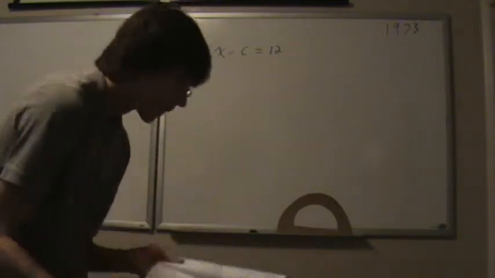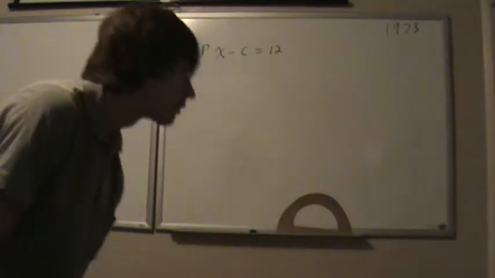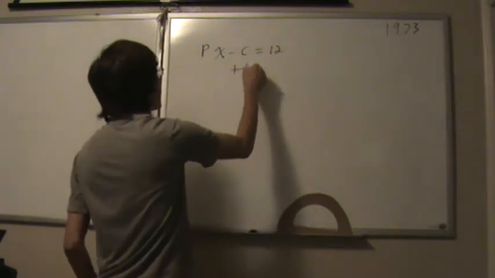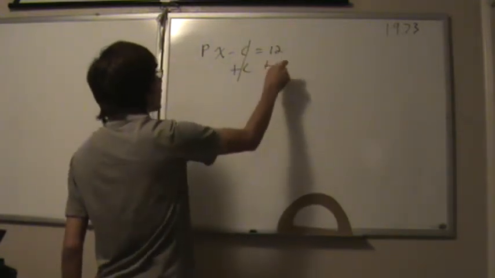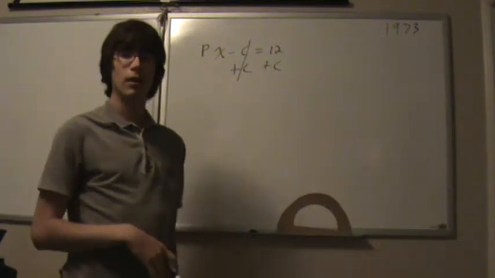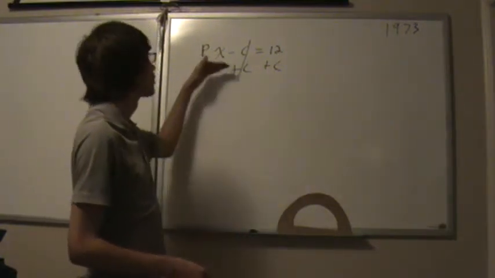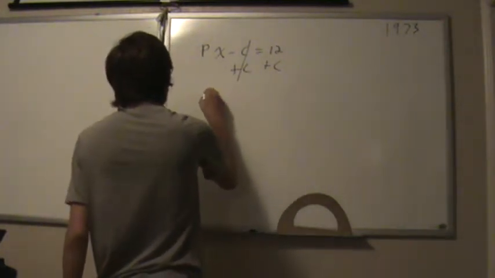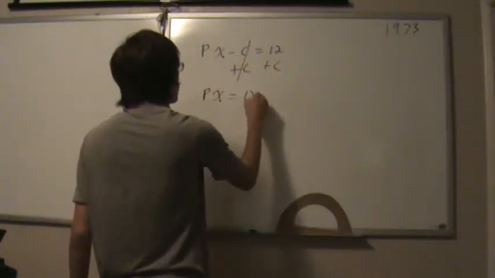Alright, so we need to solve for x, and we're going to do it just like we did the last problem. We're going to add the c to cancel it. You always mess with your constants first, then we'll get to the variables and the coefficient stuff. So we are left with px equals 12 plus c.